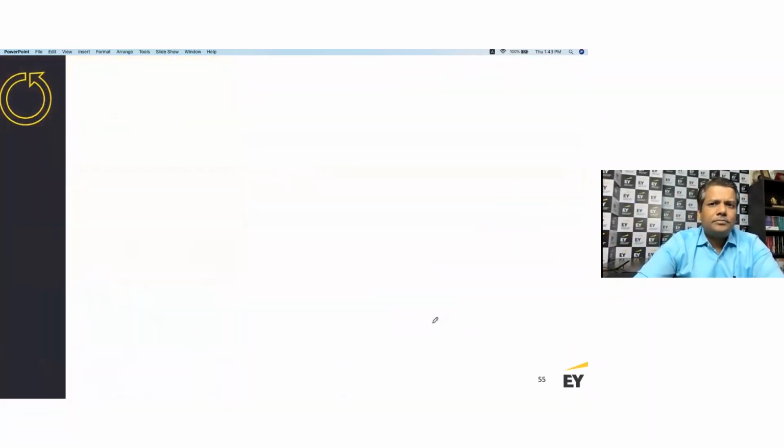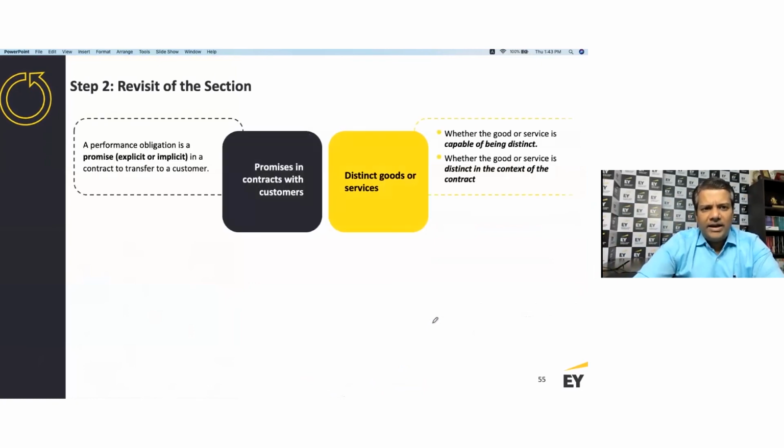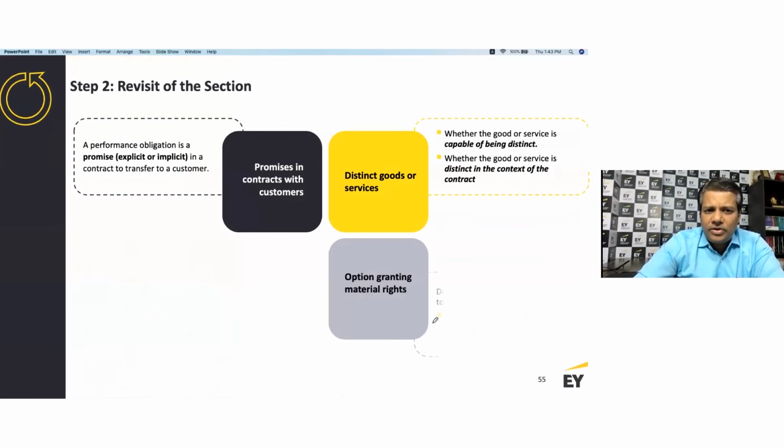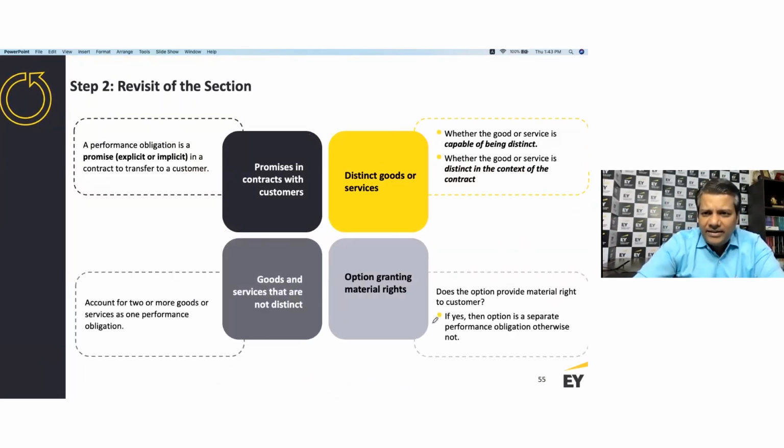All right. So let's try and summarize what we have talked about. If you made promises in a contract with the customer, you have to identify all promises, explicit or implicit. How do you identify them? You have to look at distinct goods or services, capable of being distinct, and then distinct within the context of the contract. If there are options granting a material right, you have to identify them, evaluate them, and appropriately account for them.